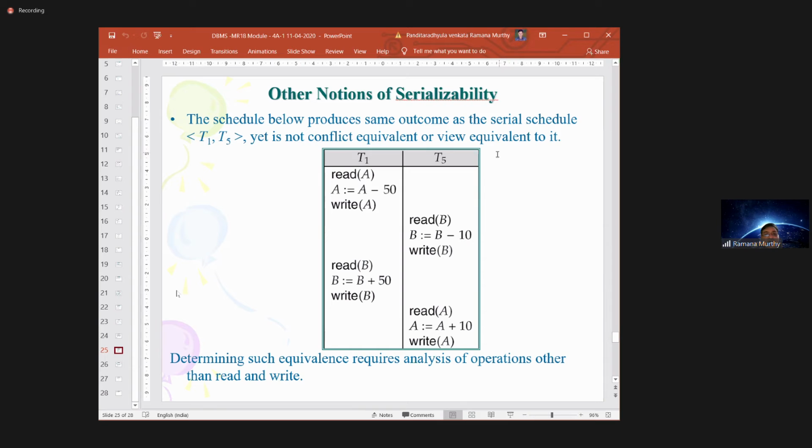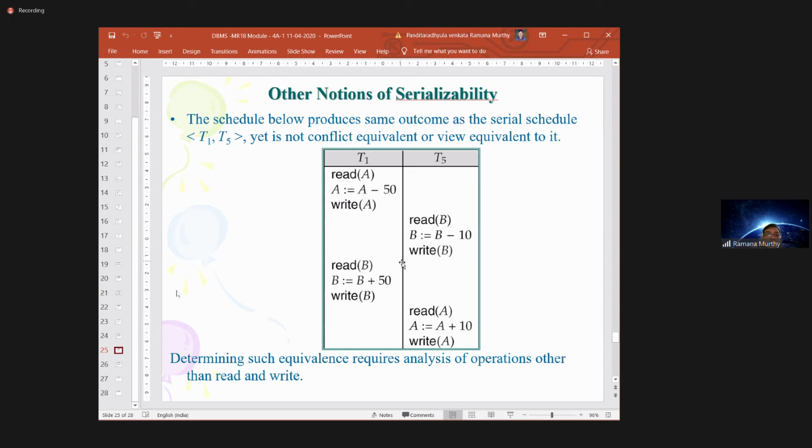Here the last modification of B was done by T1, but here the final B is modified by T5. Both modifications are taking place by different transactions, so it definitely can't be view serializable. Similarly, the final modification of A is done by T1 in one and by T5 in the other. Different, so it definitely can't be view serializable.